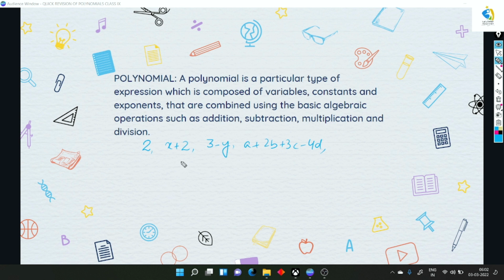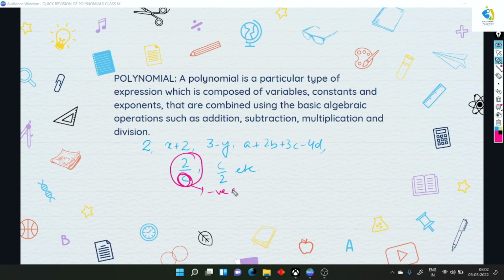We can go for 2 minus 2 divided by c divided by 2, and so on. So in all these cases all are polynomials except 2 upon c. This is not a polynomial because the variable has a negative exponent.